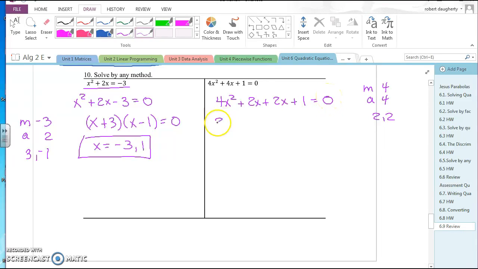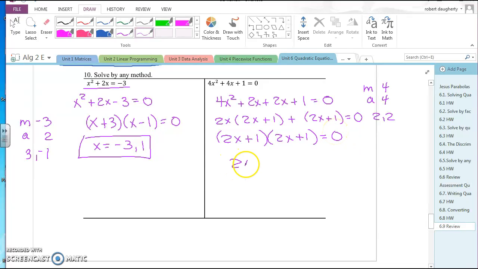If I factor out a 2x, I have 2x plus 1 plus 2x plus 1 equals 0. This means that 2x plus 1 times 2x plus 1 equals 0. So if I set that equal to 0, I'm going to get x equals negative 1/2. So I only have one rational solution here, x equals negative 1/2.